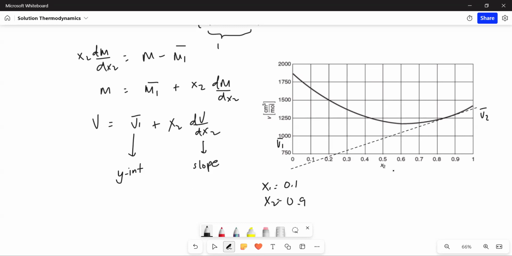So from the graph, V1 is approximately 500 cm cube per mole, and V2 is approximately the middle of 1250 and 1500. So let's get the average of that, so it's about 1375.